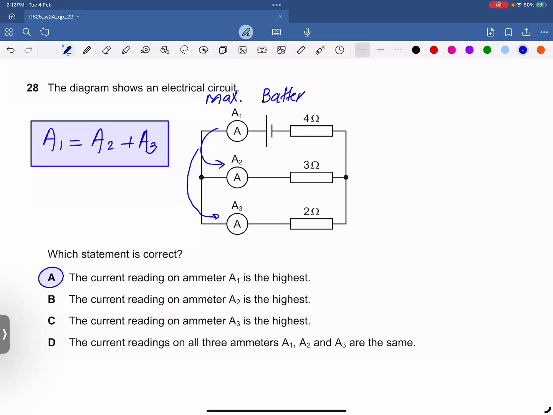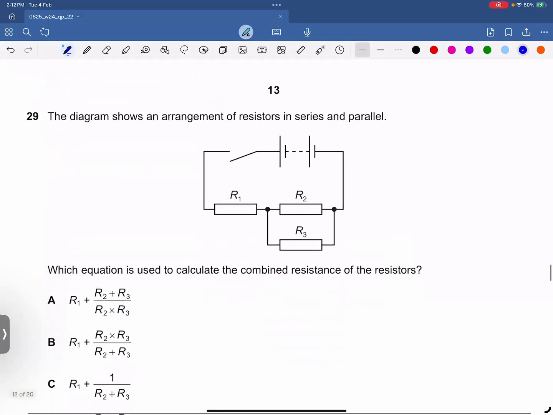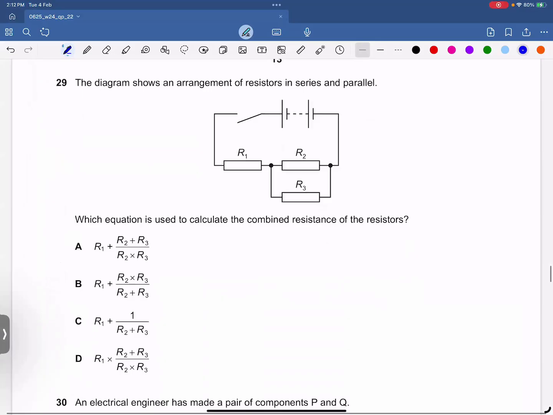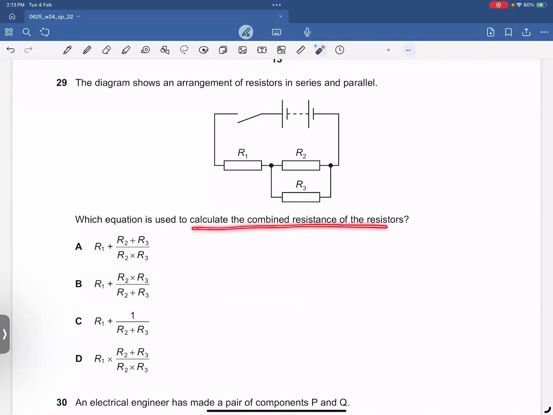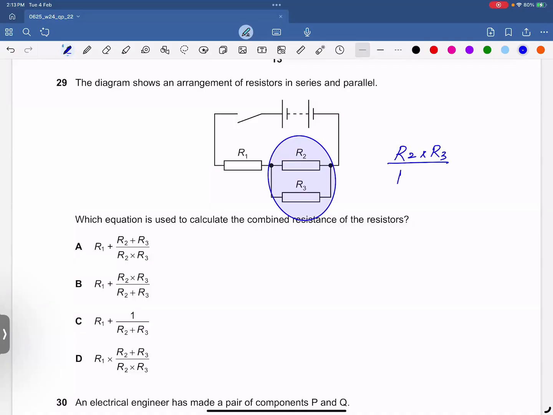29. The diagram shows the arrangement of resistors in series and parallel. Which equation is used to calculate combined resistance of all three? So first you have to do the parallel. Parallel is their product over their sum. And then in the end add the series one.